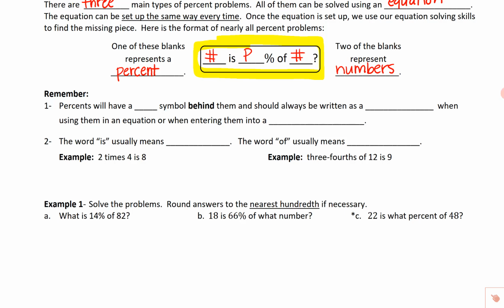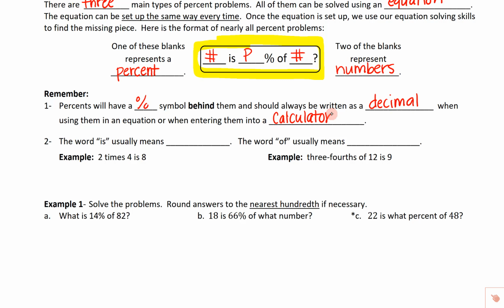Remember, percents will have a percent symbol behind them, and should always be written in decimal form, or as a decimal, when using them in an equation, or when entering them into a calculator. So, whenever you see a percent and you're using it in an equation, we're going to change it to a decimal number.